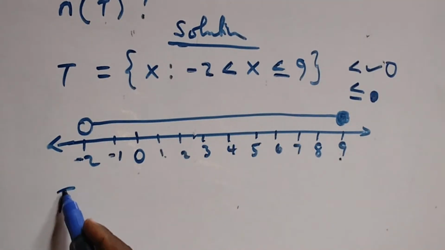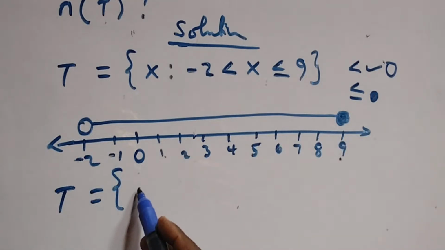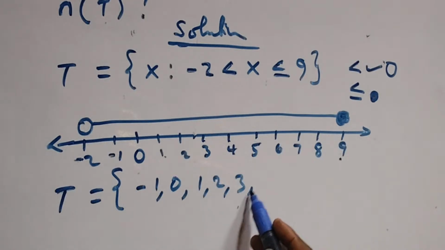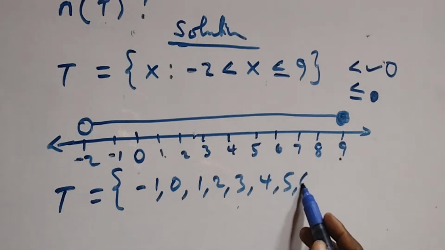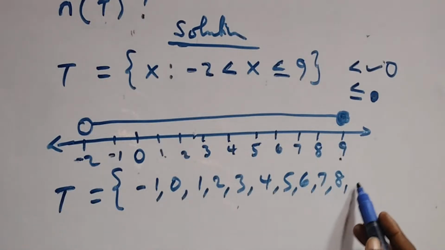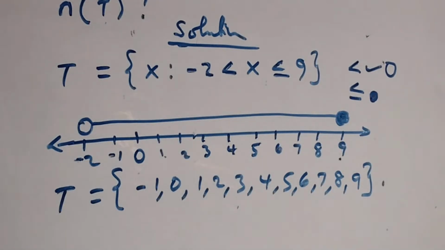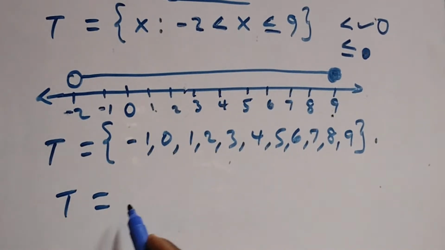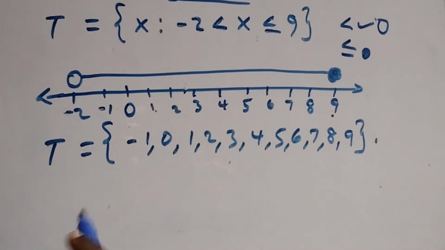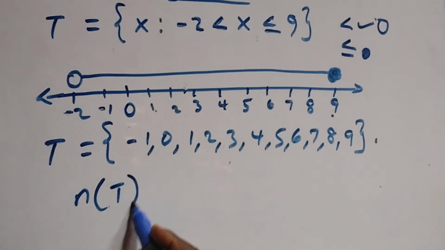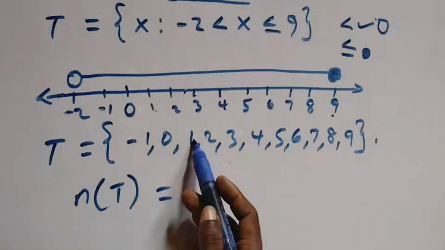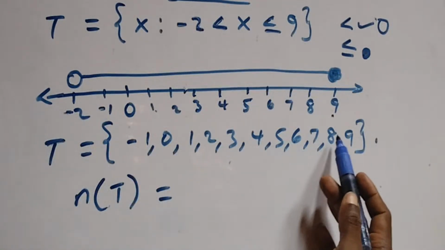So T now has these elements: -1, 0, 1, 2, 3, 4, 5, 6, 7, 8, 9. The cardinality of set T, n(T), is the number of elements in set T. So we count: 1, 2, 3, 4, 5, 6, 7, 8, 9, 10, 11.